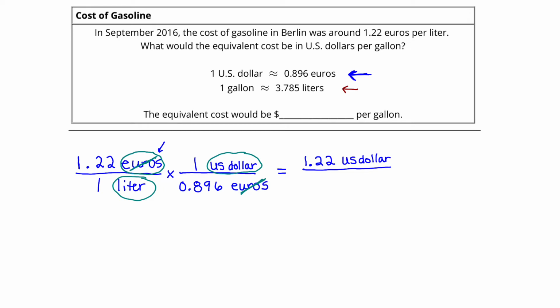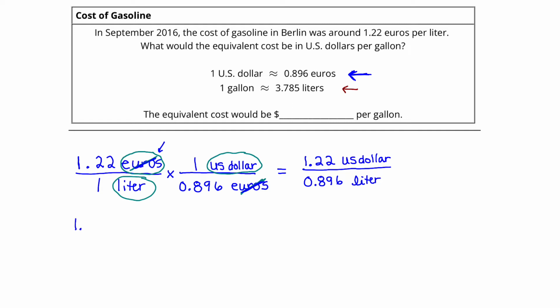In the denominator, I have 1 times 0.896, which is just 0.896. Notice my euro units are canceled. The only unit left is liters, and so I'm going to put liter here in the denominator. So it's 1.22 US dollars divided by 0.896 liters, and I have successfully converted euros to dollars.